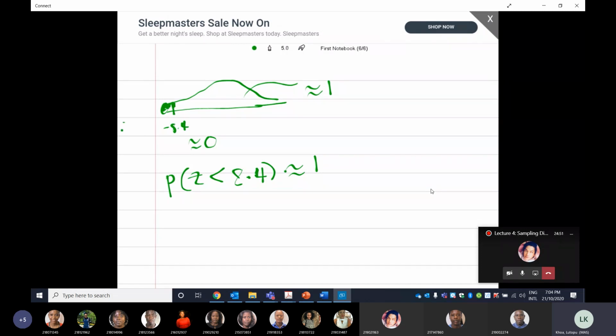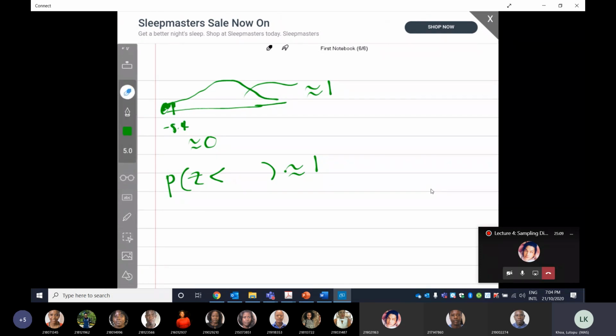It's 10. So the probability that the waiting time is less than 10 minutes is approximately equal to 1. So you can almost definitely say that any person waiting in that line will wait less than 10 minutes.